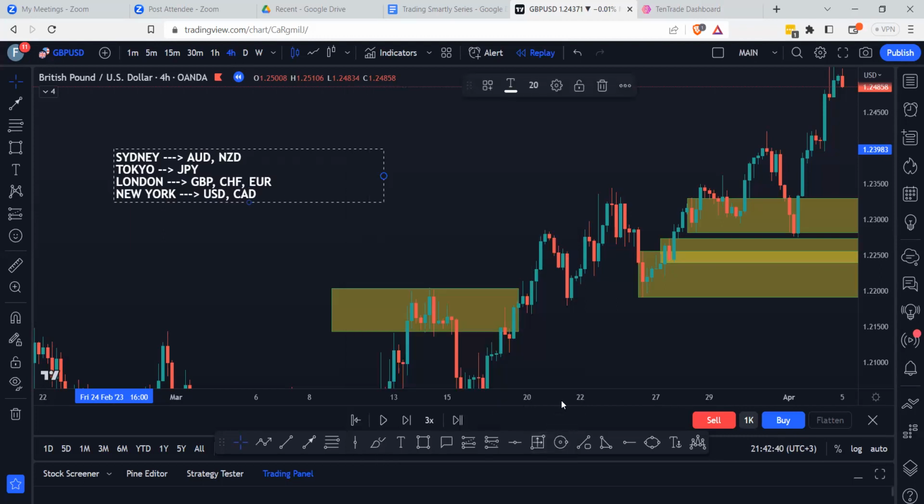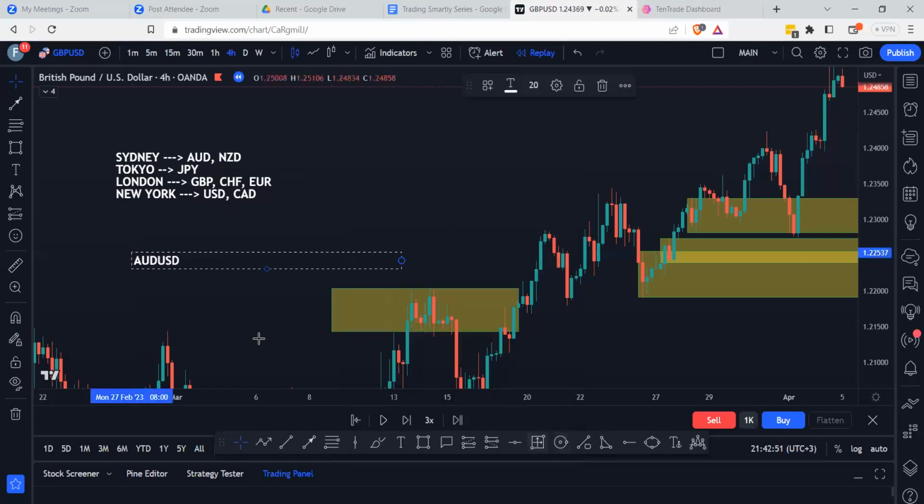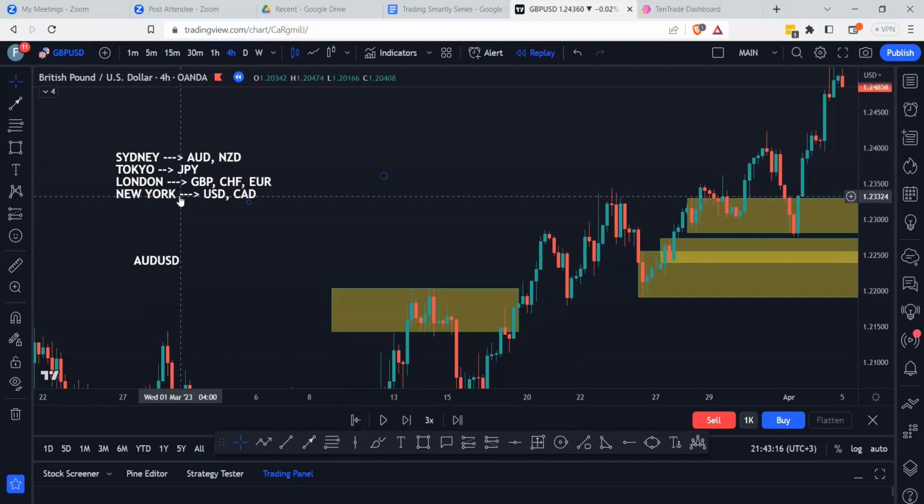So Ambrose and Thomas, listen up. If I want to trade, let's say, AUD USD, I'll ask myself, in which trading session is the AUD active? That's the Sydney session. In which trading session is the USD active? New York session. That means if I want to trade AUD USD, the best time to trade it is during the Sydney session and the New York session, because that's when those currencies are mostly active.